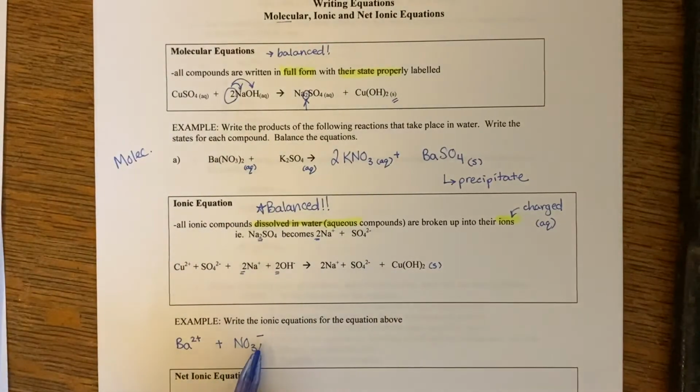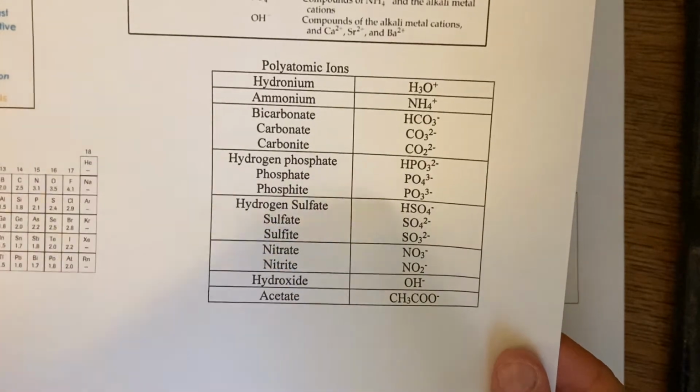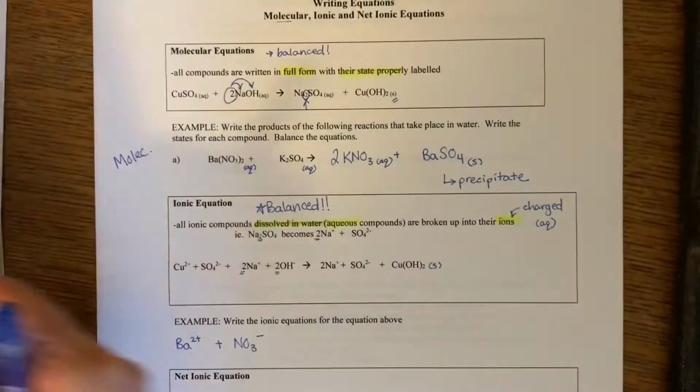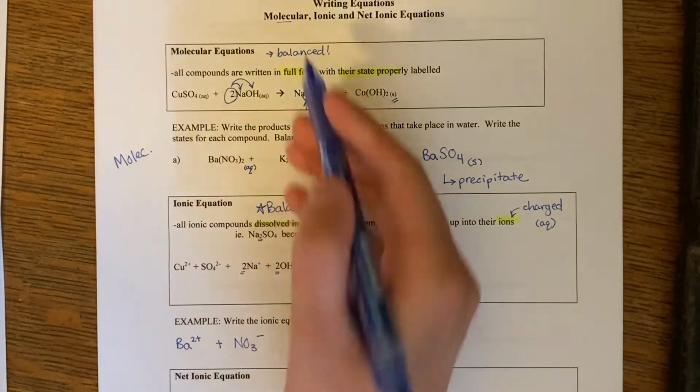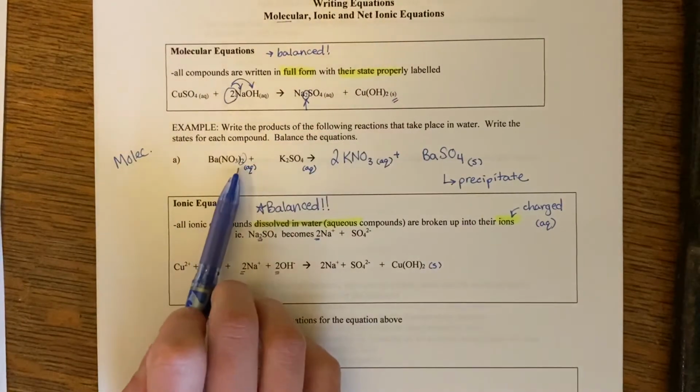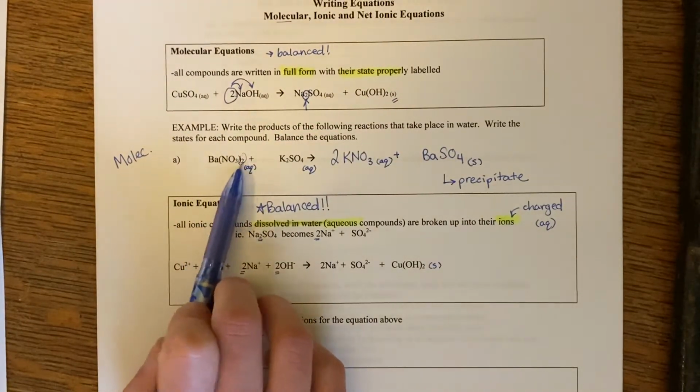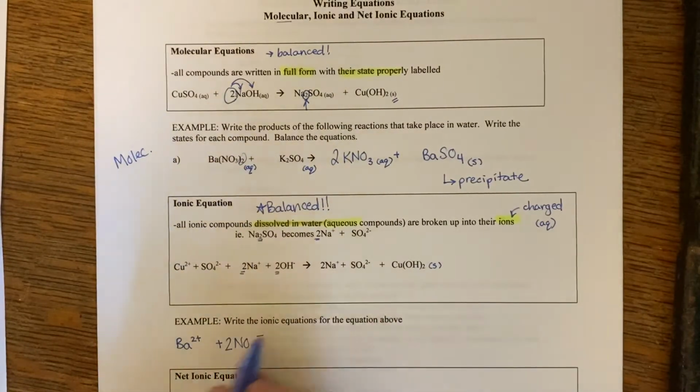Now the charge on nitrate is 1 minus. You can always check your charges of polyatomic ions on the back of your periodic table to see what they're supposed to be. But again, we want to make sure that it's still balanced. So here we have 2 nitrate ions, so we have to make sure that we put a 2 in front of our nitrate ions down here as well.